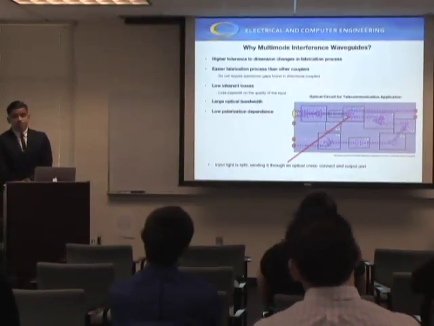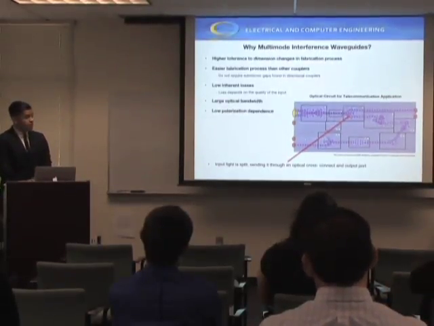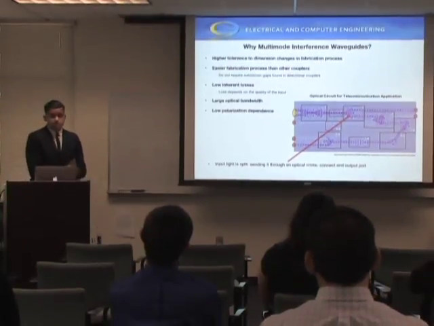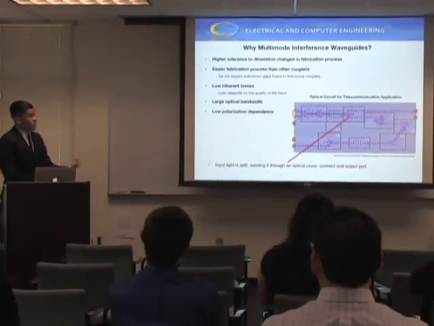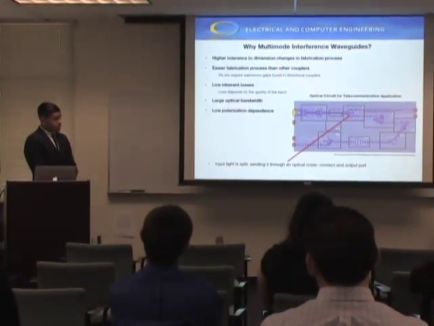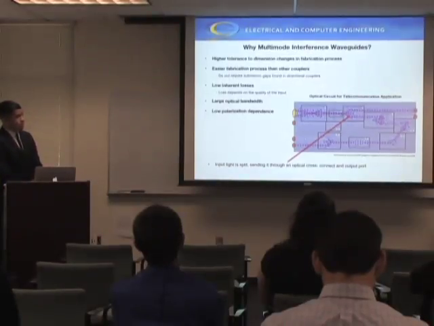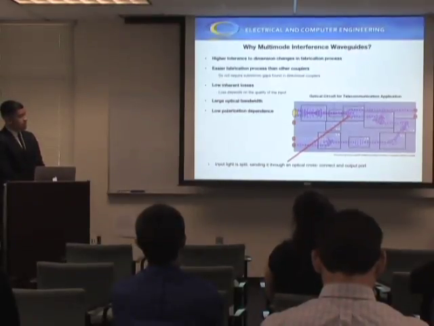Multimode interference devices are more robust and less affected by small, minute changes in the fabrication process when working at such a small scale. This is in the micro scale, so 1-2 microns in width. Aside from that, they also have low inherent losses when optimized, allow for very large bandwidths, and have a low polarization dependence.